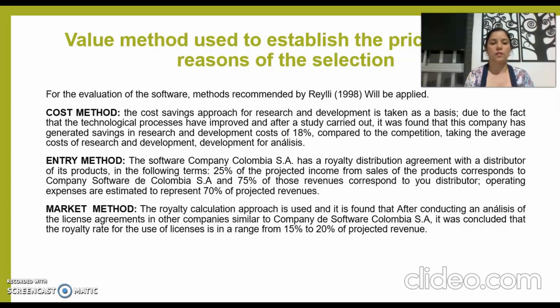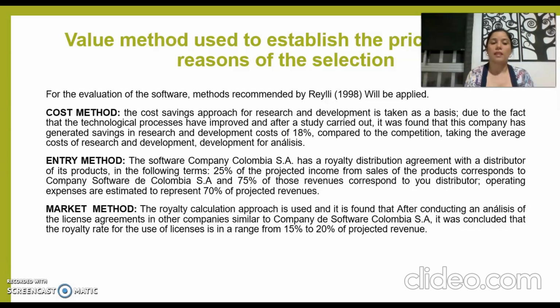Under the following terms, 25% of the projected income from sales of the product corresponds to the software company Colombia S.A., and 75% of those revenues correspond to the distributor. Expenses are estimated to represent 17% of projected revenue.